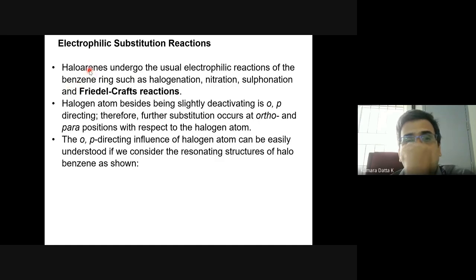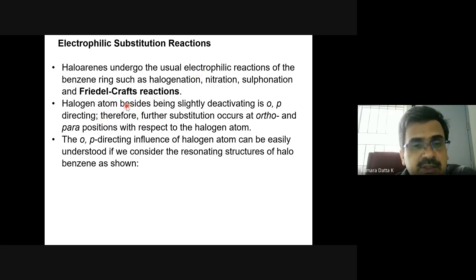These are the haloarene products. How they are formed is the reaction between benzene and if you halogenate them, or nitrate or sulfonate, typically Friedel-Crafts reactions or reactions like Friedel-Crafts also other than this.